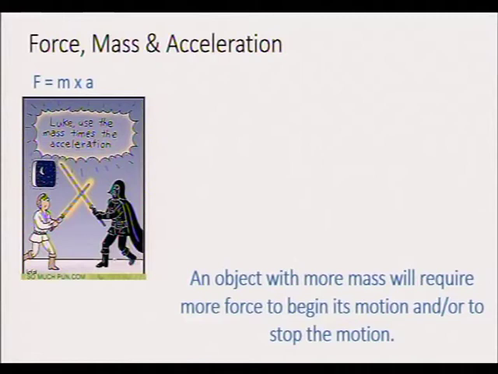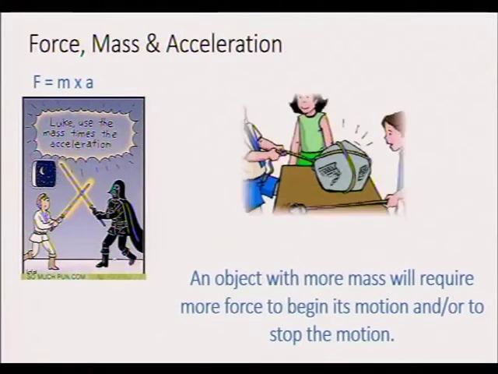If they are faster, the force is increased. If they are heavier, the force is increased. Then we are multiplying mass by acceleration. This is just to simplify the relationship between the three.